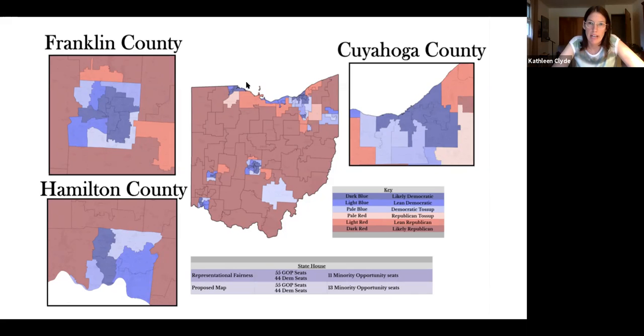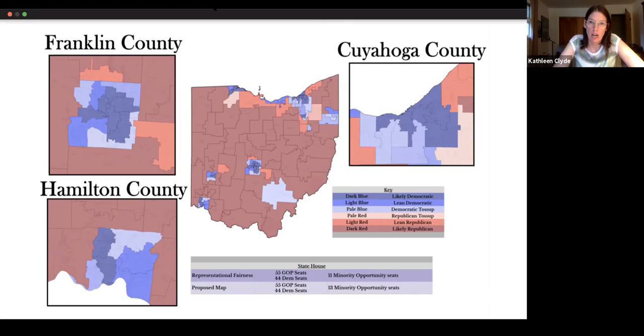Great, thank you, Katie. I think that's very helpful. Let's pull out of the map a question about whether we have a recommended map that preserves compactness and competitiveness.